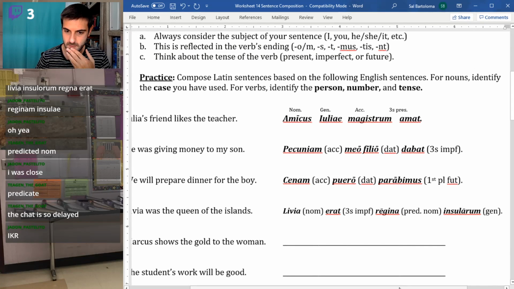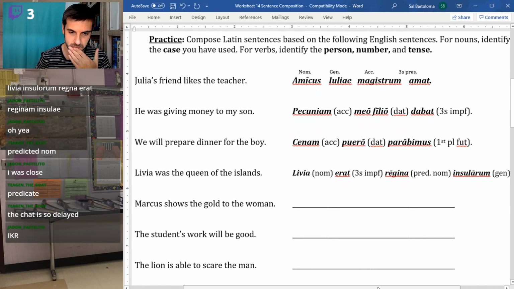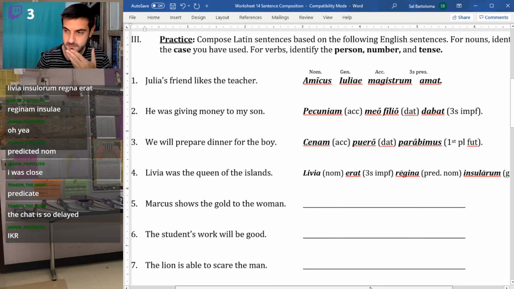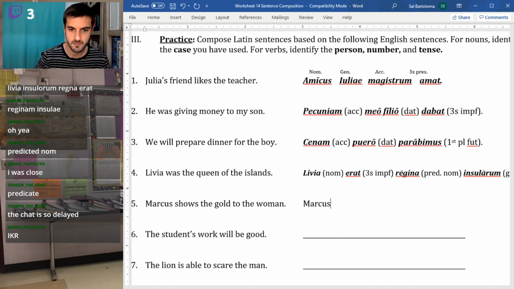There we go. All right, Marcus shows the gold to the woman. I was really all about the dative case when I was writing these sentences. So easy start with our subject here, Marcus, right? He's in the nominative case.